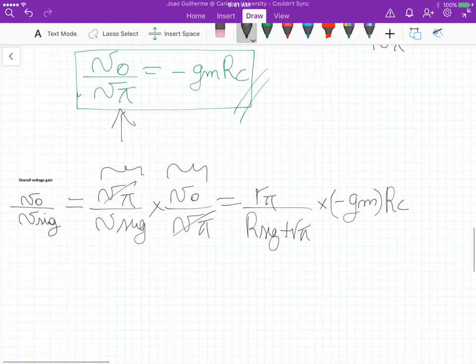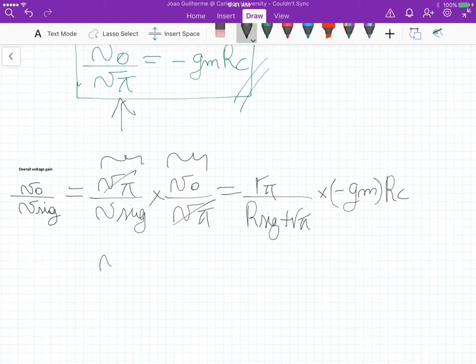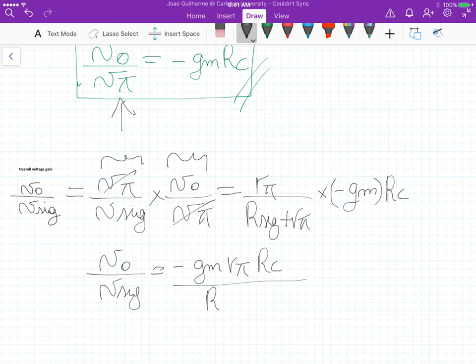One thing is that we can rewrite V out over V sig as minus transconductance R pi RC divided by R signal plus R pi.